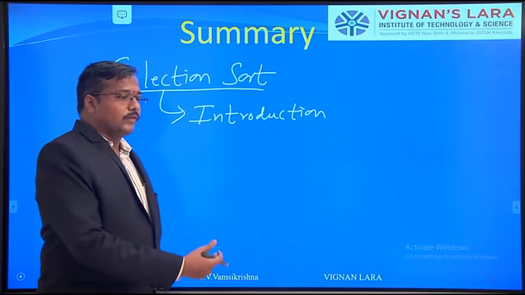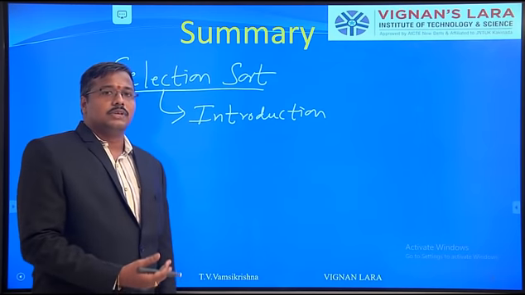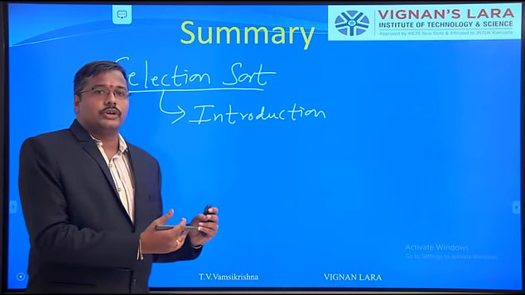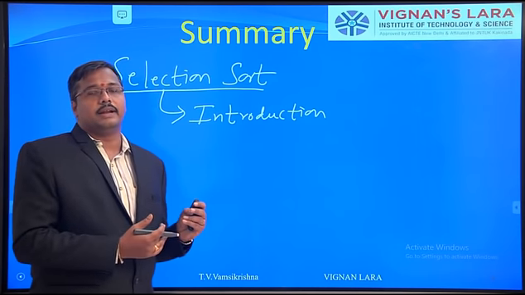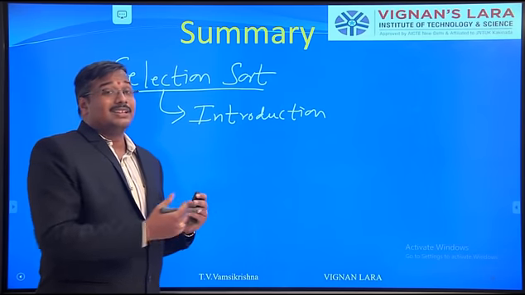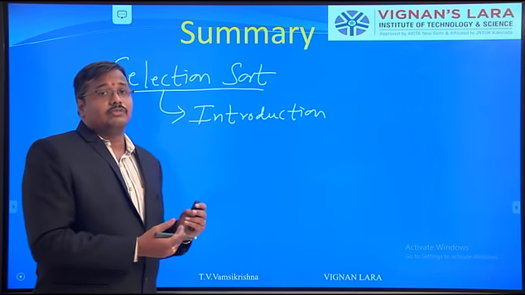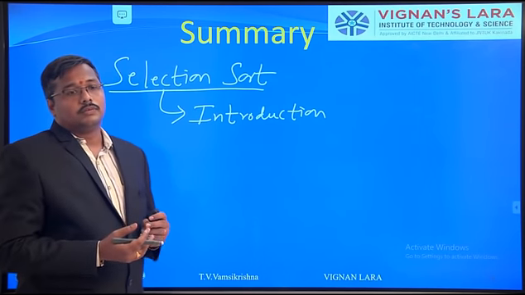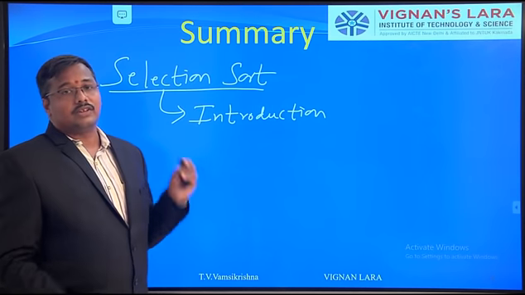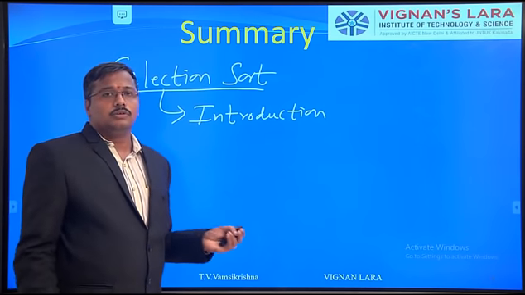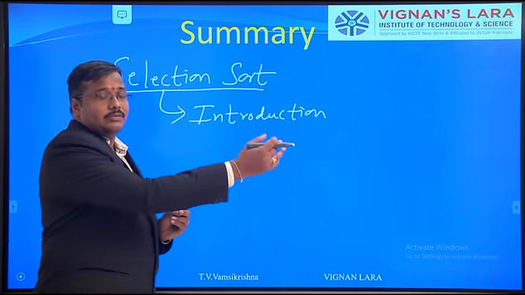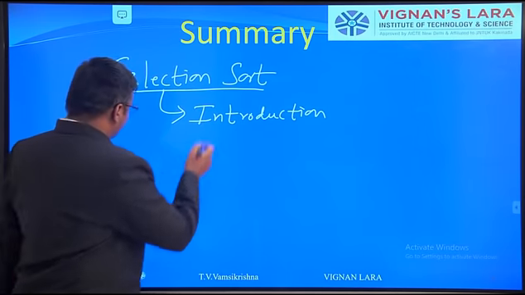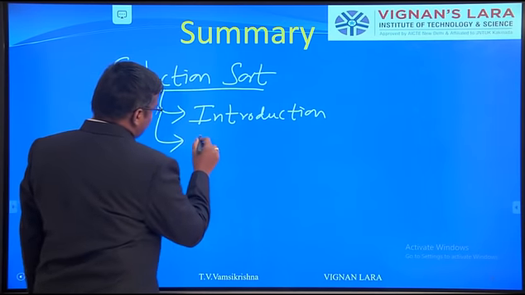In the unsorted part, the first element is assumed to be the minimum element, and we need to find the minimum element in the rest of the part, and at last compare both. If our first assumption is the minimum, there is no need to swap. If the element selected from the rest of the part is smaller, we need to swap.